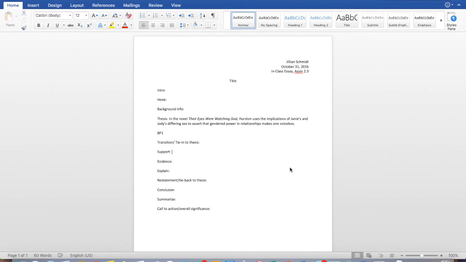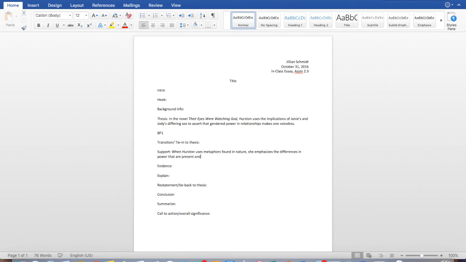So I'm going to say that when Hurston uses metaphors found in nature, she emphasizes the differences in power that are present and tied to the gender of Janie versus Jody.